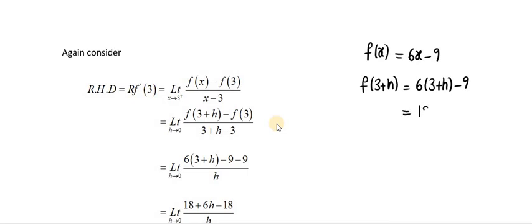So 6 3s are 18 plus 6h minus 9. Why am I finding f of 3 plus h? Here I am going to change limit x tends to 3 plus to limit h tends to 0. So x is replaced with 3 plus h in the numerator as well as in the denominator.